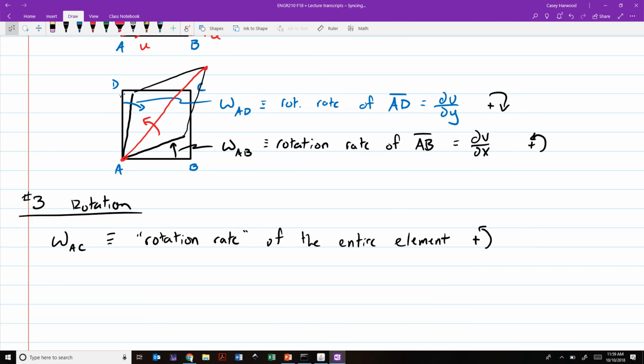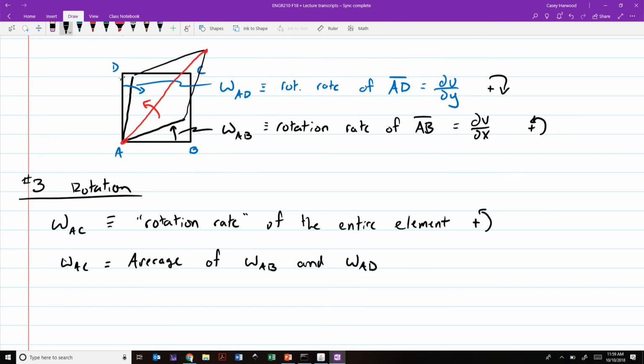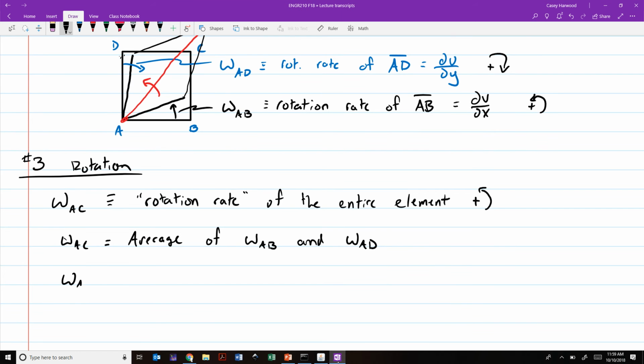We can also say that omega AC is equal to the average of omega AB and omega AD. This is going to be 1/2 (omega AB minus omega AD).